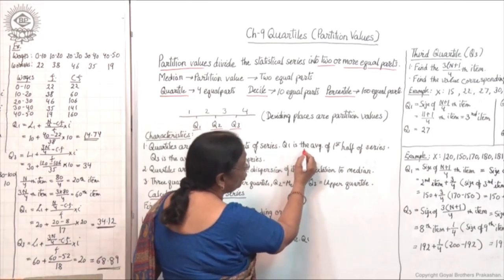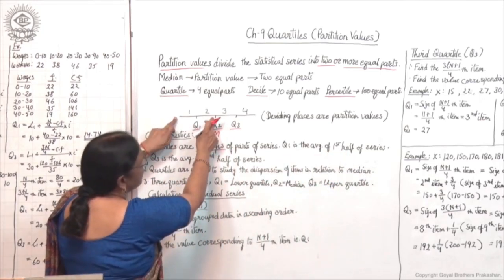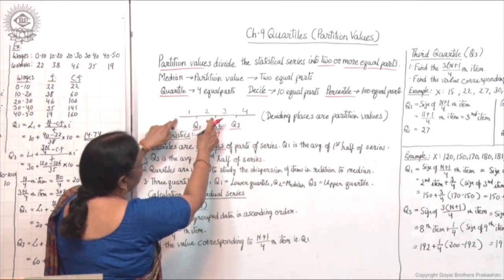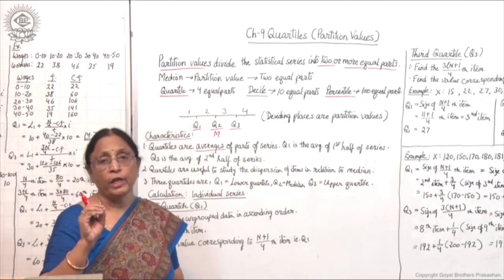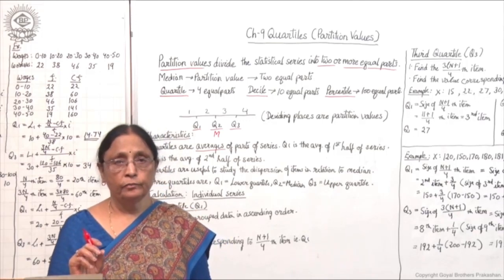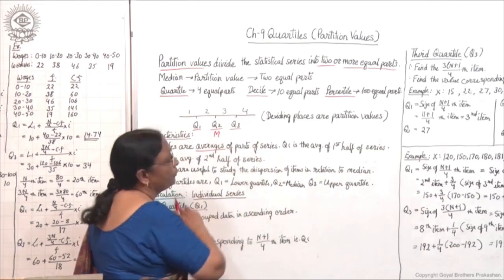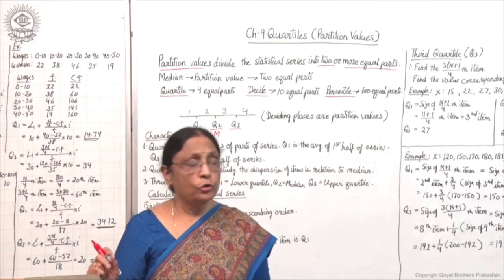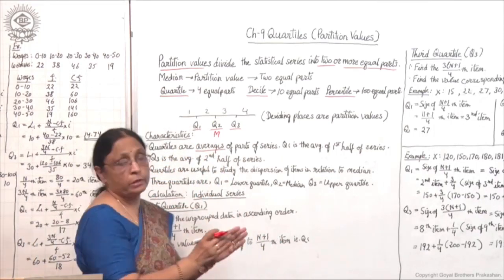For example, Q1 is the average of the first half of the series, the central value of the first half. And this is the second half of the series, and the central value of the second half is Q3.